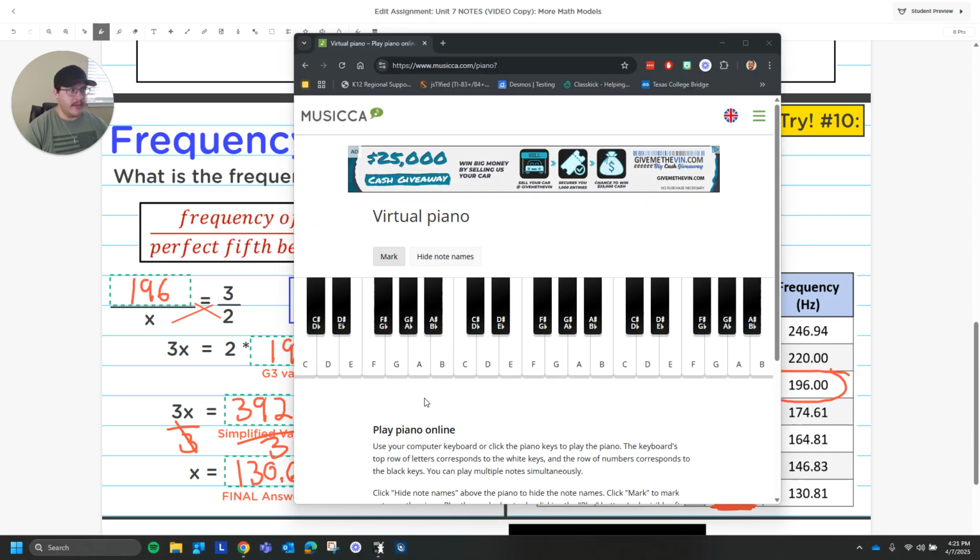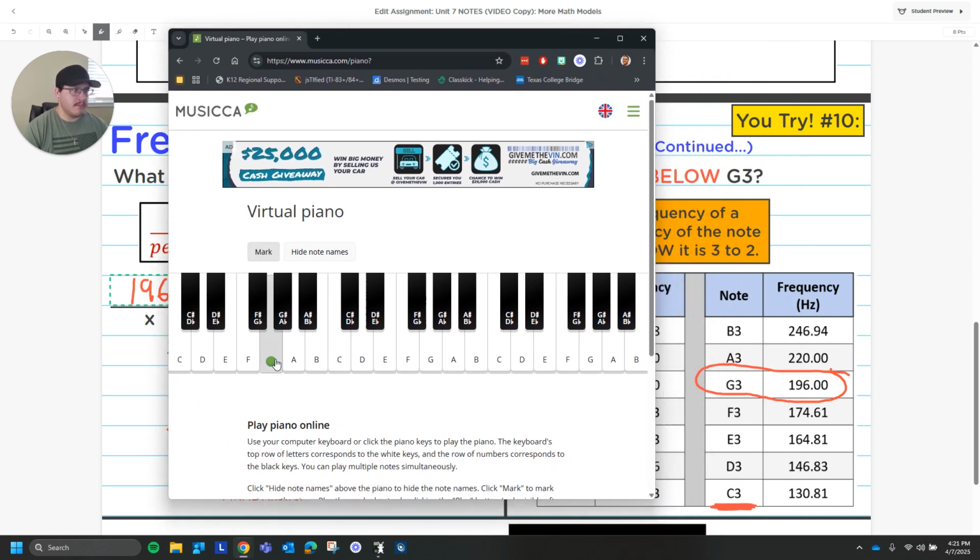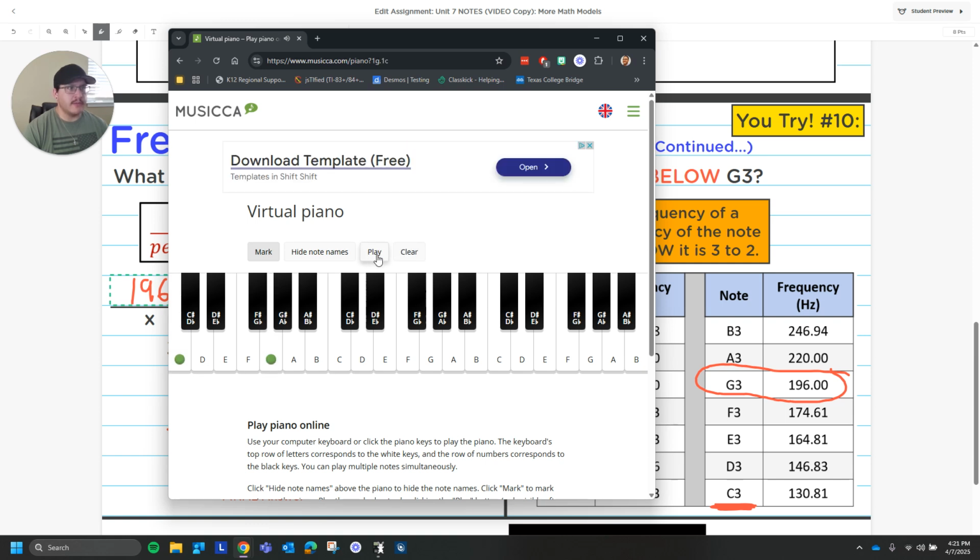And just to show y'all how that sounds on this virtual piano, I'm going to pick G3 and then C3. I'm going to play them together.